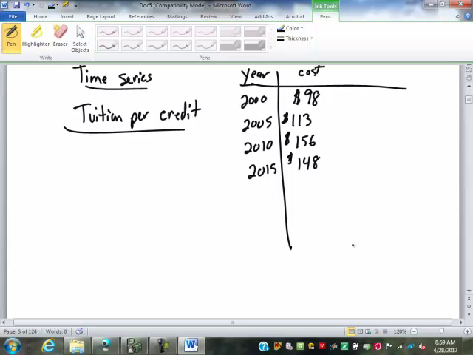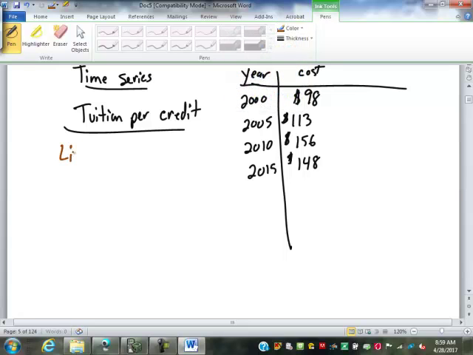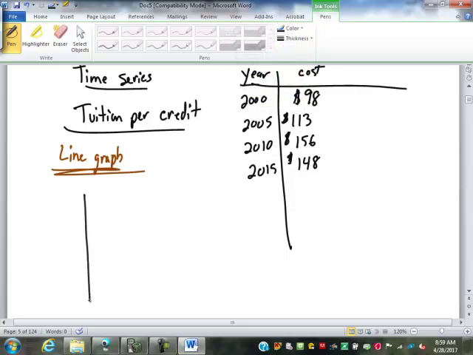The type of graph we make to show this is called a line graph. What a line graph does is it puts time, again, across the bottom axis, across the horizontal axis.